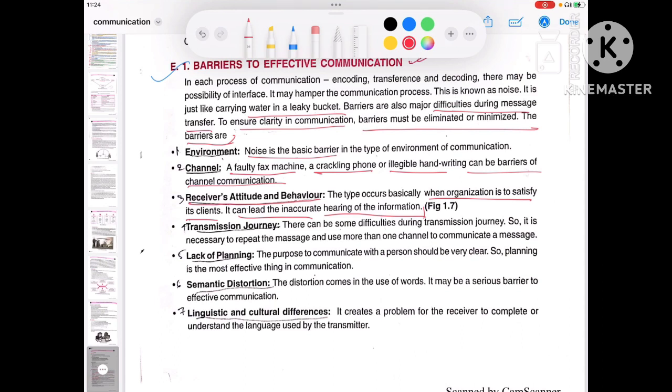The next one is the transmission journey. There can be some difficulties during the transmission journey, so it is necessary to repeat the message and use more than one channel to communicate the message. Obviously, the doctor will say to the nurse, you have to give the IV infusion to the patient.